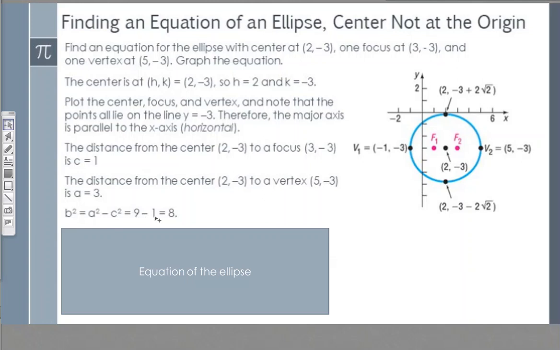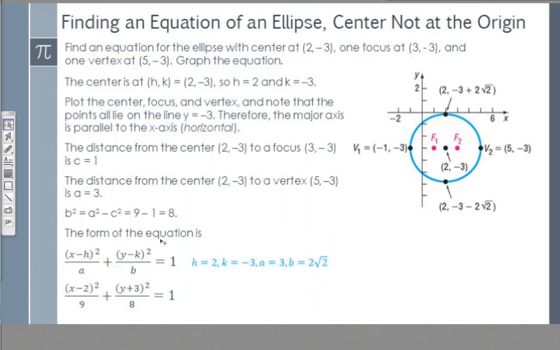So what I did right here was I just wrote down what the equation of any ellipse is. You've got to include your center here. We know that my h value is 2, k value is -3, a is 3, and b, we go ahead and get the square root of 8, so that way we can plot it.